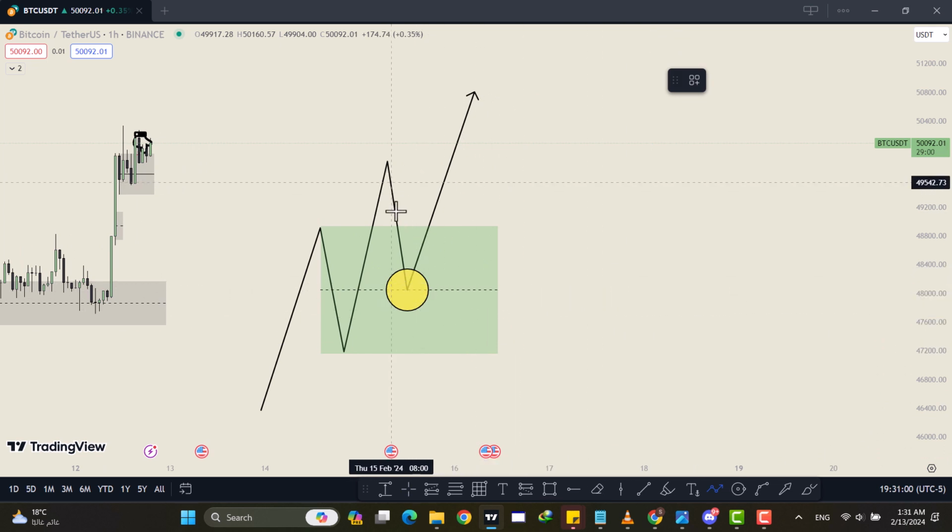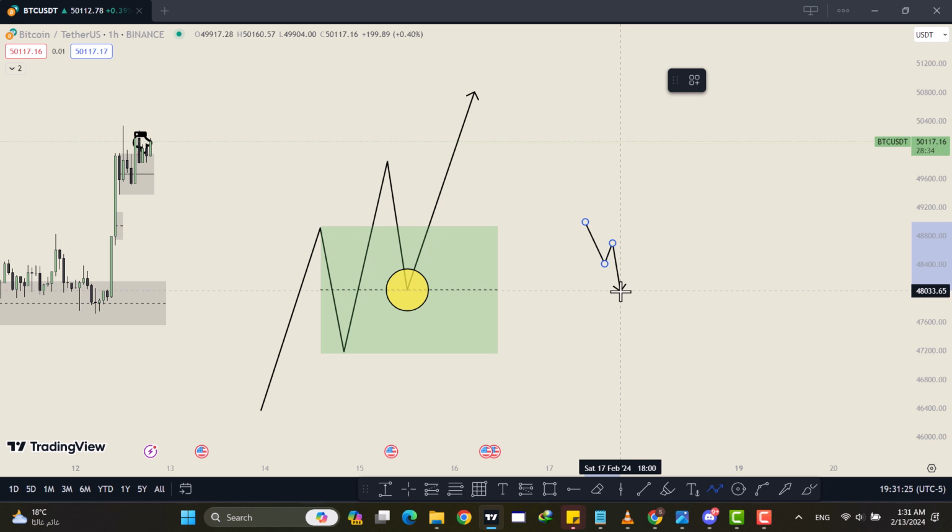So let's say that this is the hourly time frame or the daily time frame or even the 1 minute time frame, it doesn't matter. If this leg is a 1 hour leg, 1 hour time frame, let's take the 5 minute for example here. You will see something like this. So this is the retracement in this leg right here.